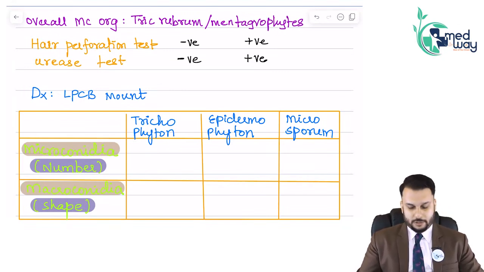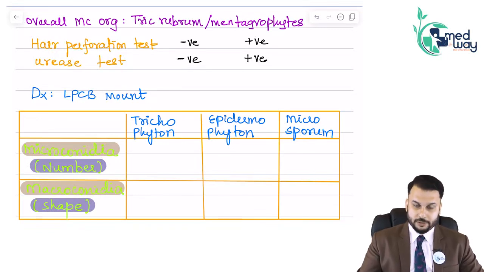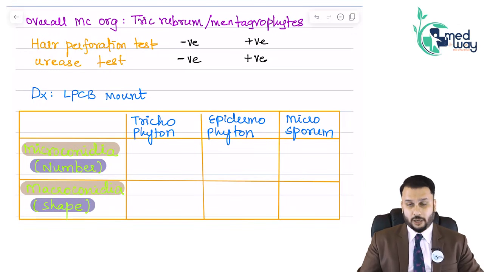Fine. Next part is the diagnosis. Now imagine we have prepared a slide using this stain called LPCB we talked about earlier. What we will be doing now is looking at certain structures in these organisms and figuring out which organism is which.